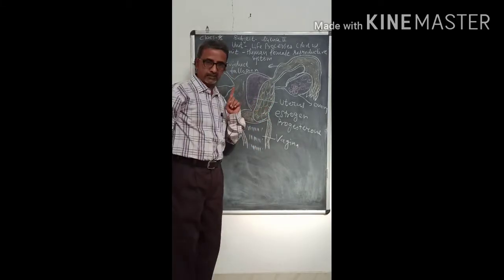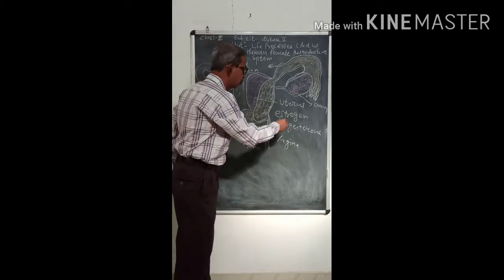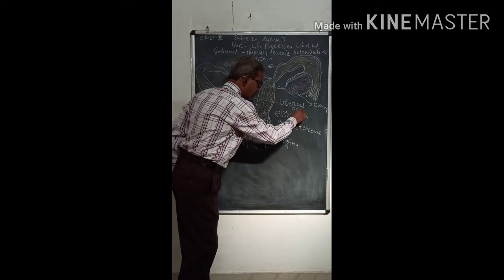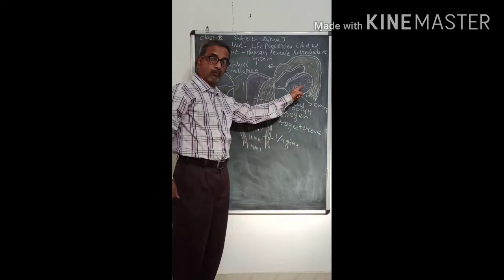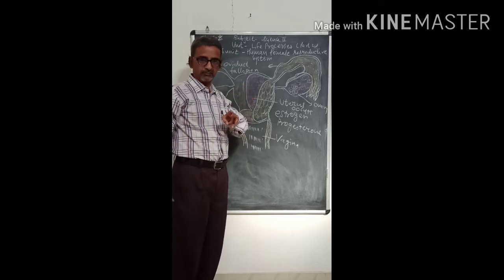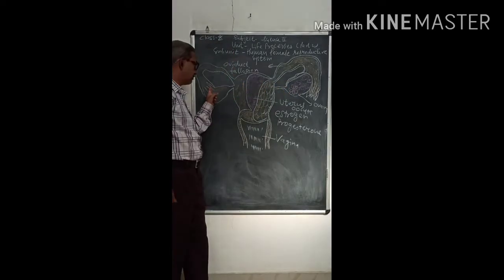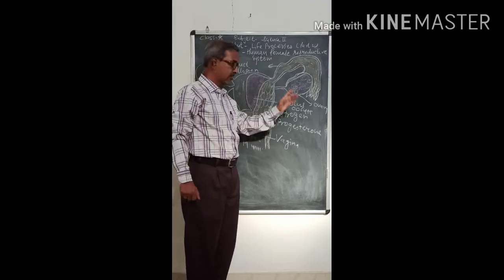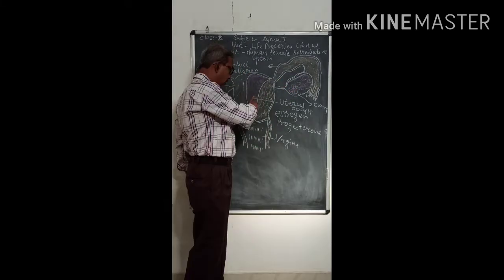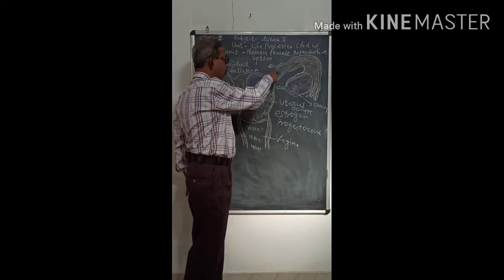Then every month, one egg or one oocyte, we shall see, is released from both ovaries alternately, means from the left ovary in one month, then from the right ovary in the other month. One oocyte is released. Now listen. Now this is the oviduct or fallopian tube.